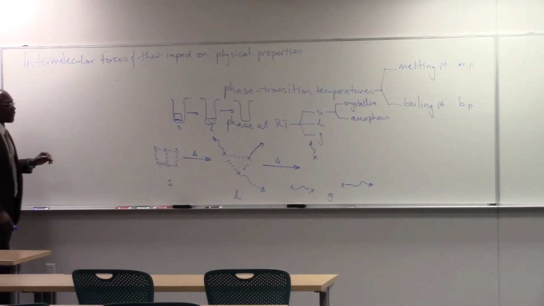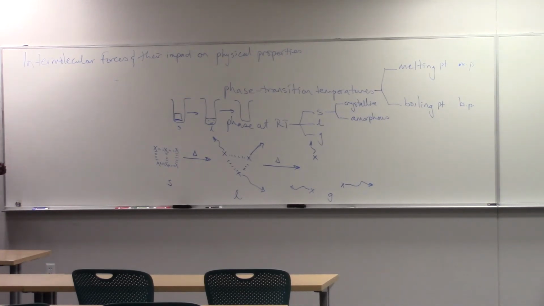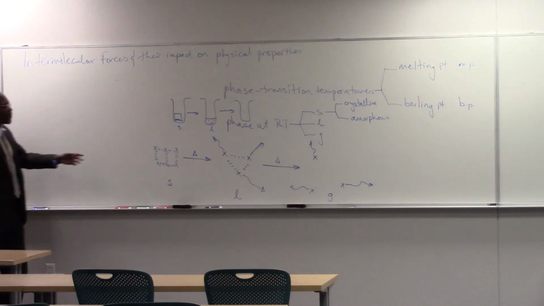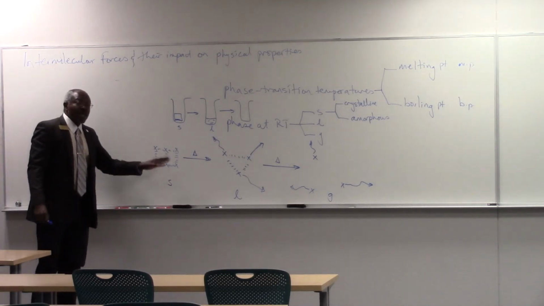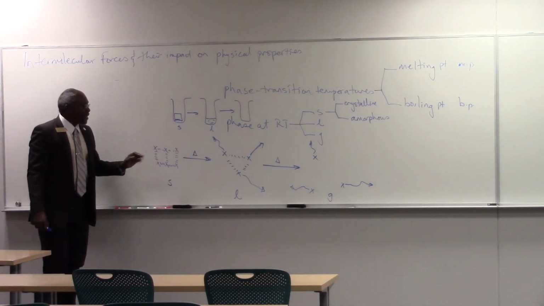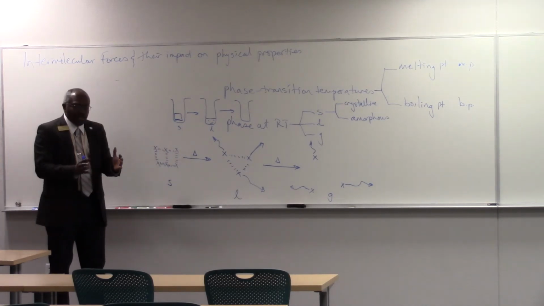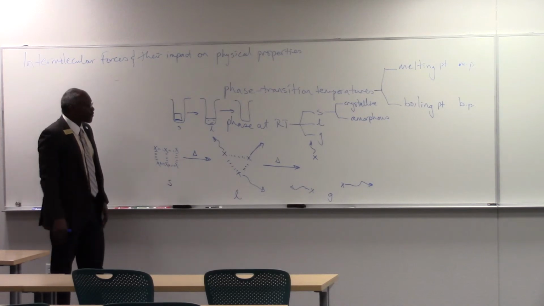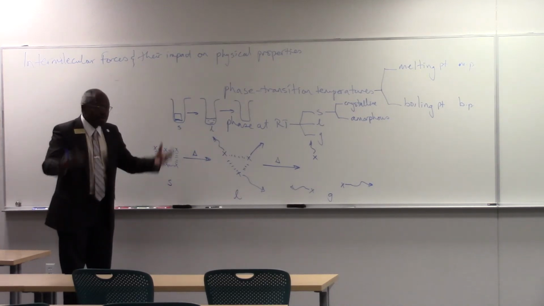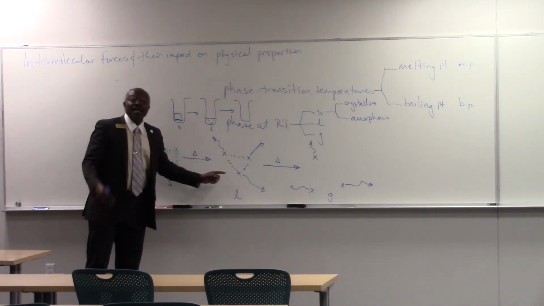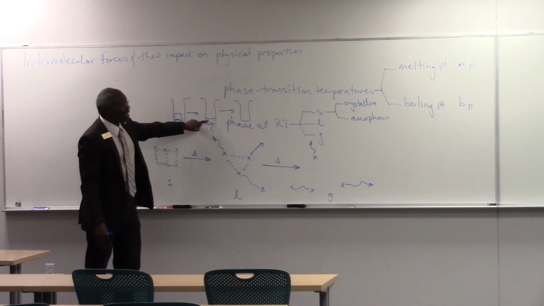So for the melting bit, I think we've described that fairly well. What we're doing when we're melting a substance is we are breaking the interparticle bonds. We're overcoming the bonds that are locking us in a solid. We're not overcoming all the bonds because there are still some bonds in the liquid. That's why they're trapped in the glass.